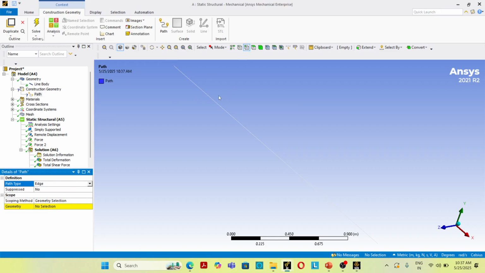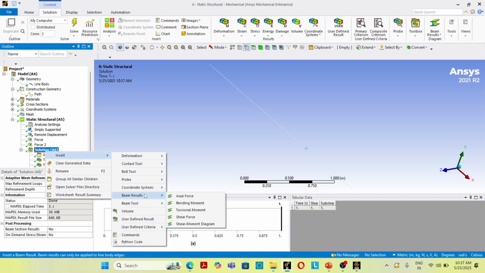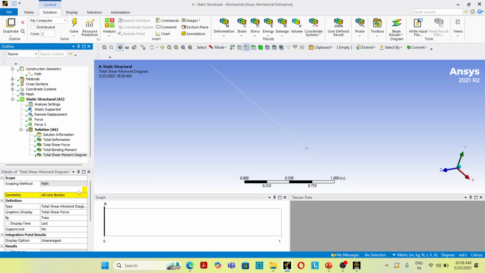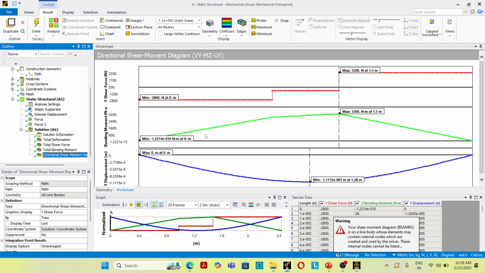edges, okay. Then solution, insert beam result, shear moment diagram, path. So this is the shear force diagram and this is the bending moment diagram and this is the displacement diagram.